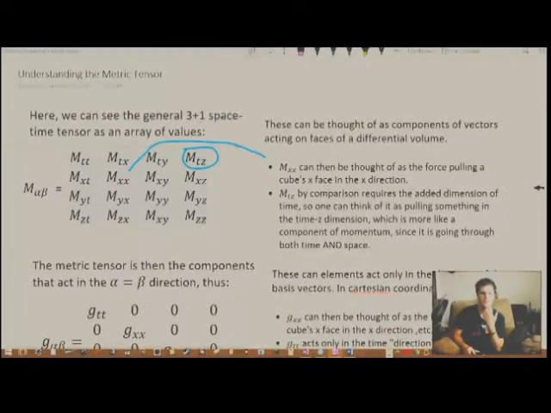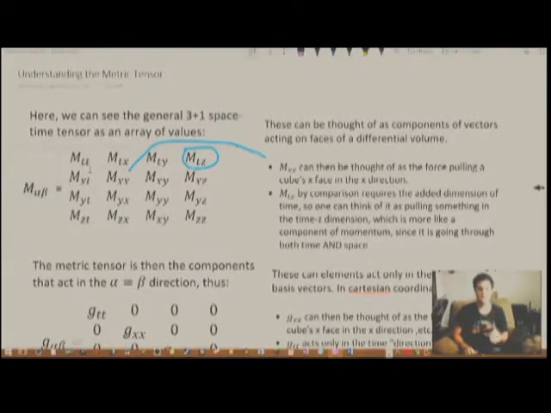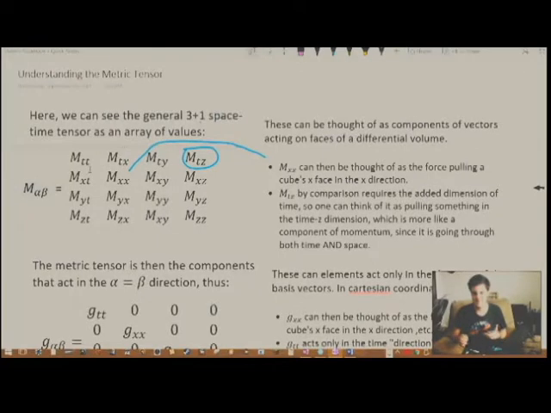You'll notice that each of these values here, these MTT, MTX, MTY, they're all arranged in such a way that it all equals this one matrix. So you can generalize any matrix, especially in this particular type of tensor, the 3+1 space-time tensor.